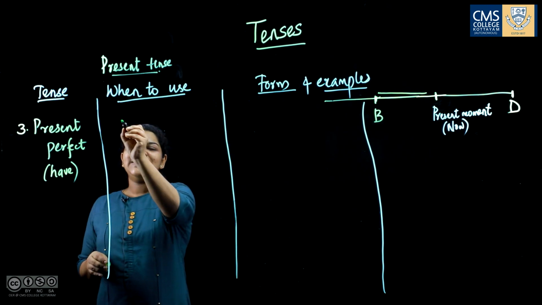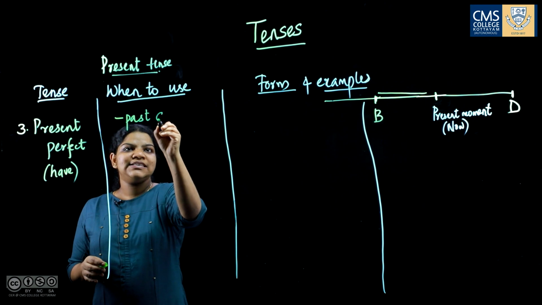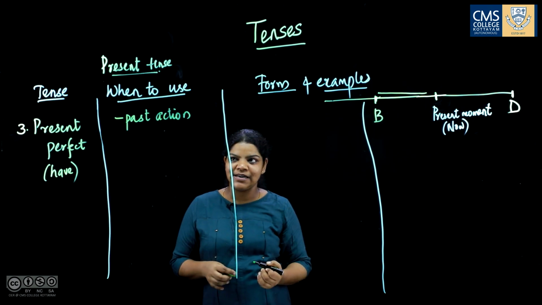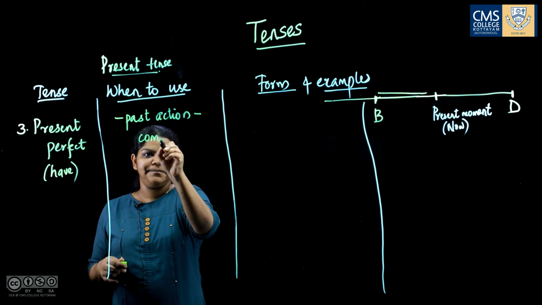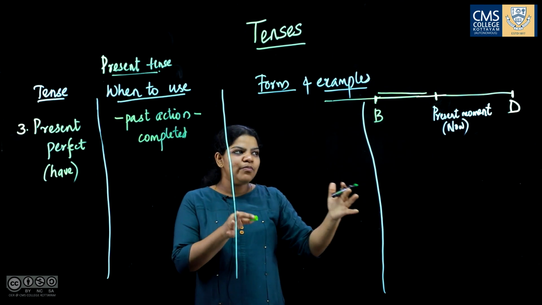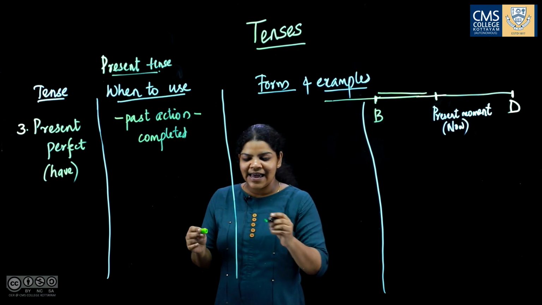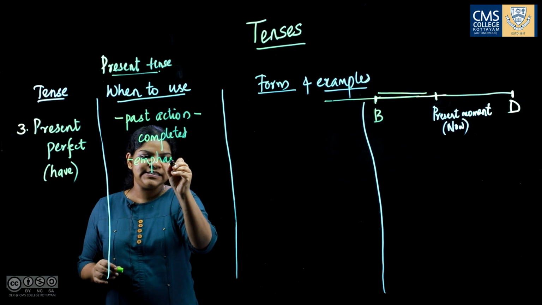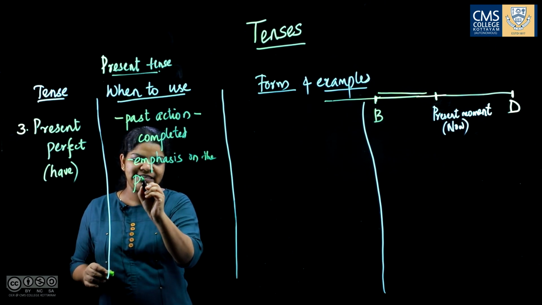So present perfect tense is an action which shows a past action, and what differentiates it from the simple past tense? This is a past action which is complete, okay, which is completed. Now, there is no more of the past action remaining now. The action is complete, and it gives an emphasis on the present effect of the action.